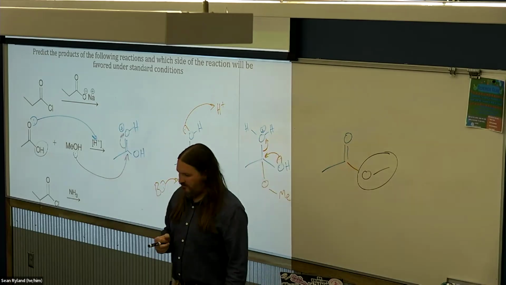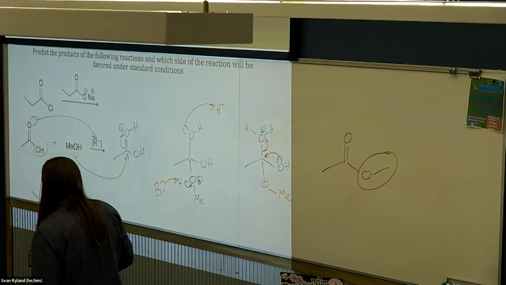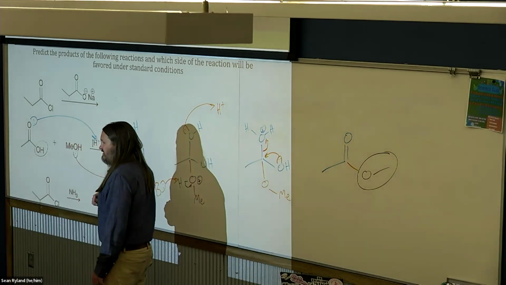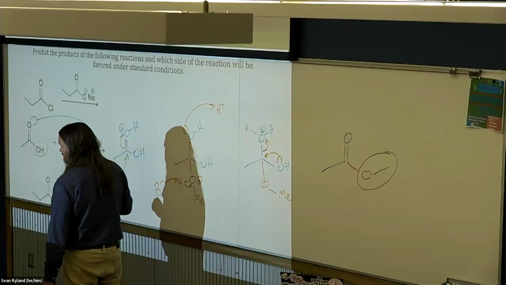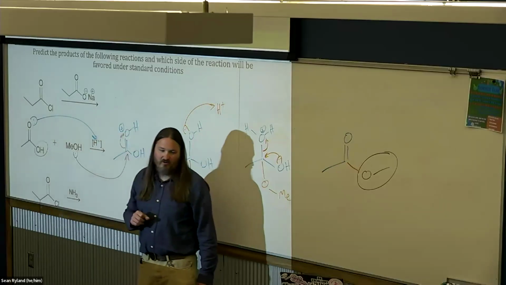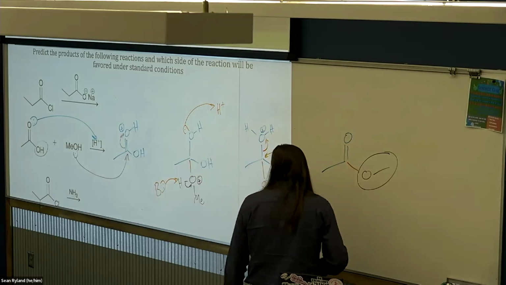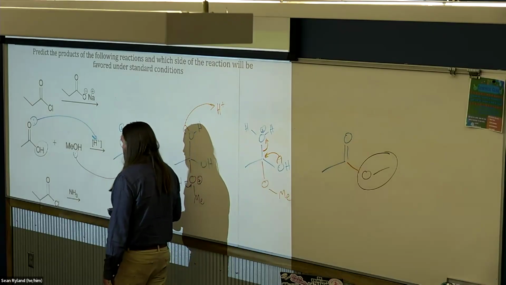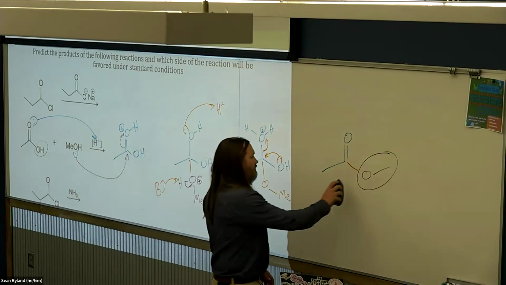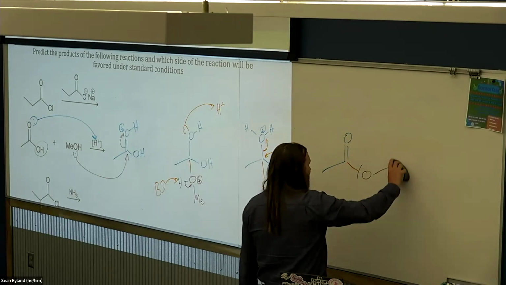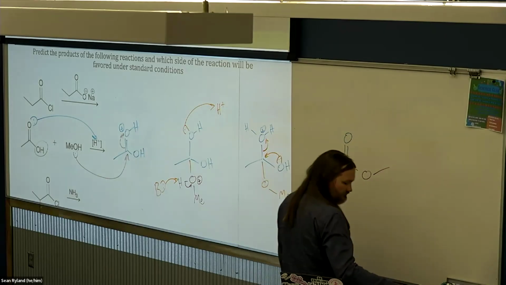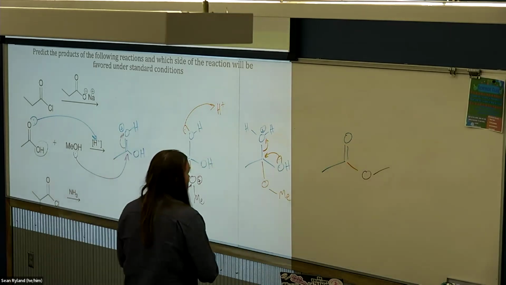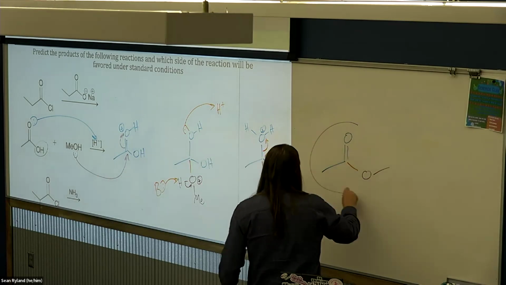Because we put it in acidic conditions, I would say there's not one side that's favored necessarily. They're roughly equal, which makes these really easy to switch back and forth. And what did we gain? It is an ester, and esters we name as the acid.